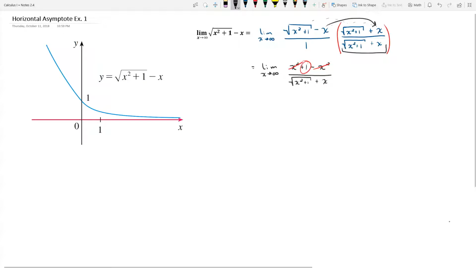So let's rewrite this again. So we now have the limit as x is approaching infinity is going to be 1 over the square root of x squared plus 1 plus x. Now in the last video, I referred back to rule number 6, and this will keep coming up.